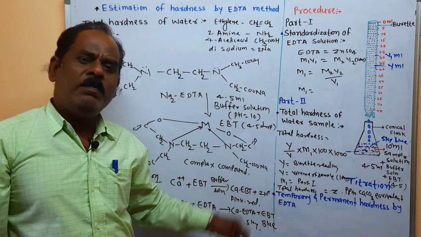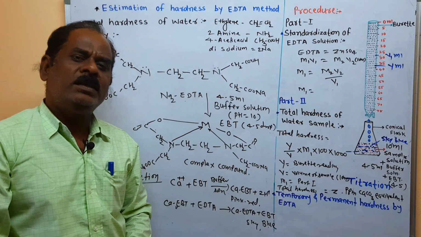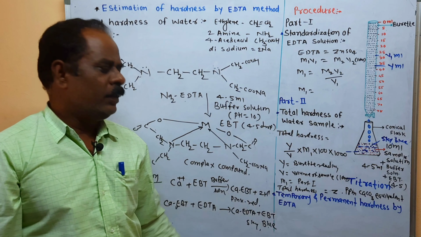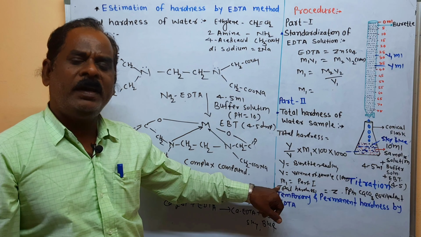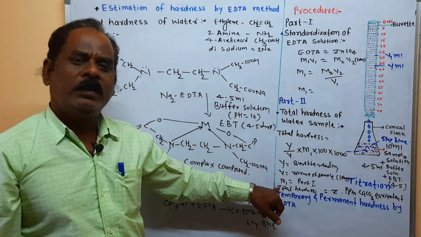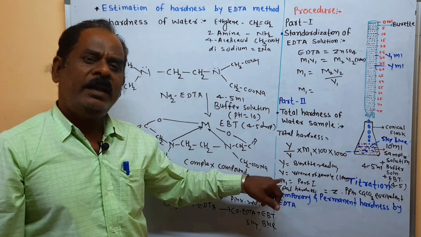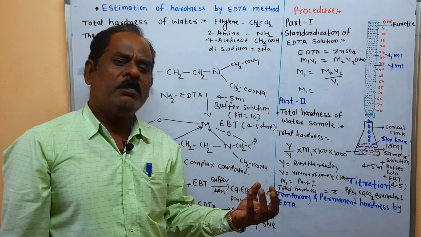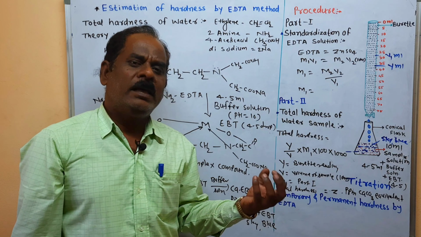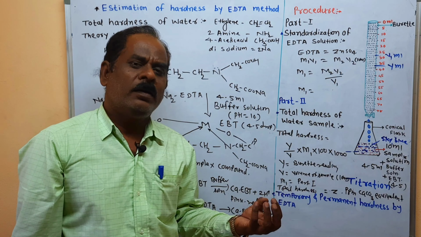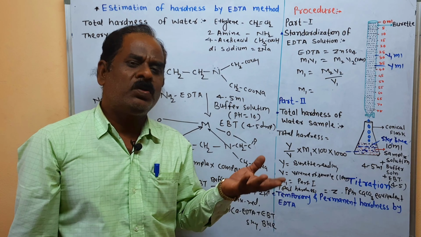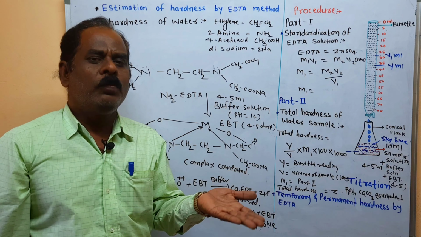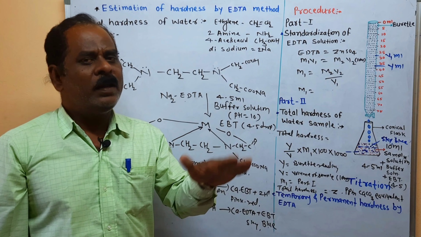By using the same EDTA method, we can easily calculate the temporary and permanent hardness. This is the total hardness, which means it contains both temporary and permanent hardness. Then how will you calculate temporary and permanent? Take the same sample solution and boil it. You know that temporary hardness water means water which contains calcium or magnesium bicarbonate. This temporary hardness is destroyed merely by boiling. Therefore, boil the sample to remove the temporary hardness and filter the solution.